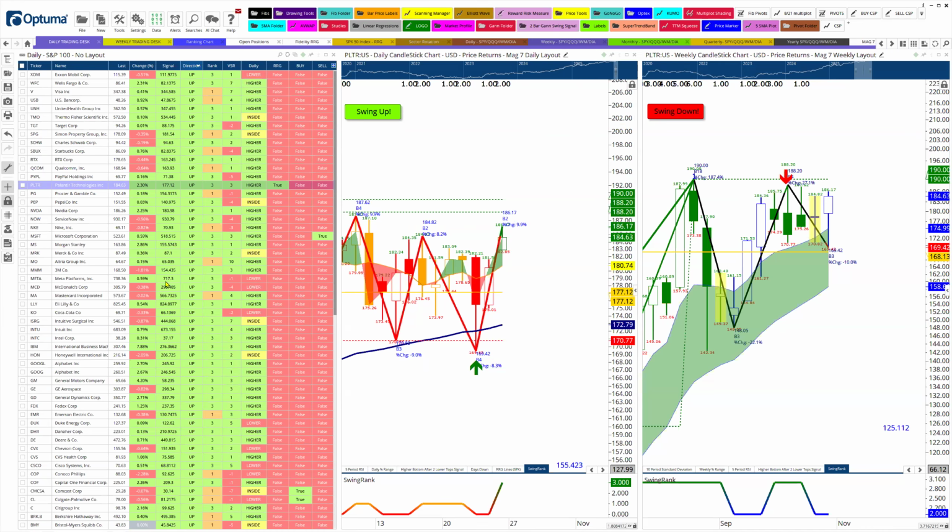Whenever the swing turns a direction, it gives me that signal. If it goes down, I'm going to get a fresh signal. As soon as it turns back up, I'm going to get a fresh one. So it updates as soon as the direction of the swing changes. I gave a hard time to the guy writing this.